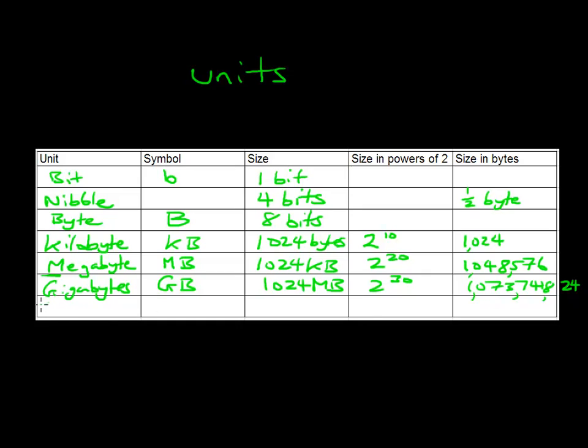The final one that we're going to take a look at is the terabyte. This one has TB as its symbol. T is another easy one to remember because it stands for trillion. So it's 1024 gigabytes, or 2 to the 40 this time, which comes out an absolutely gigantic number of 1,099,511,627,776.